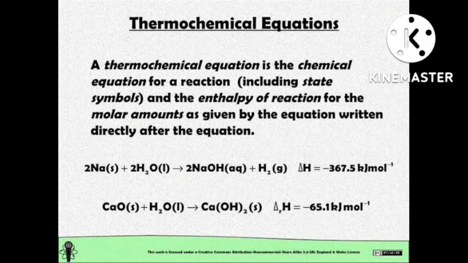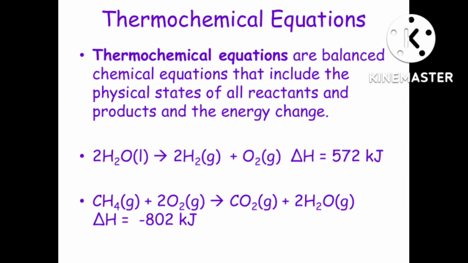Then what is a thermochemical equation? A balanced chemical equation together with the value of its delta H. The r means a small r, delta r H we are writing, meaning heat of reaction.